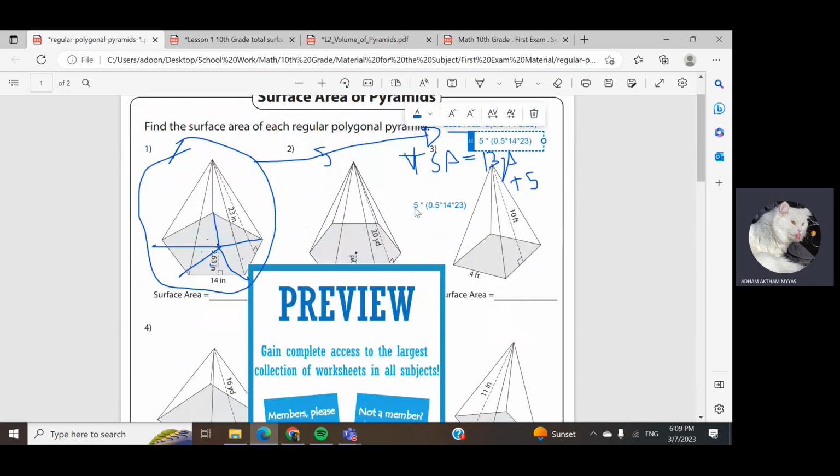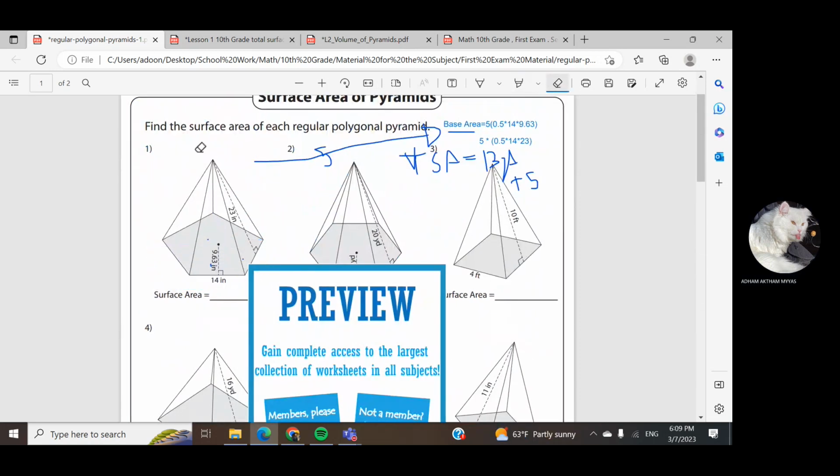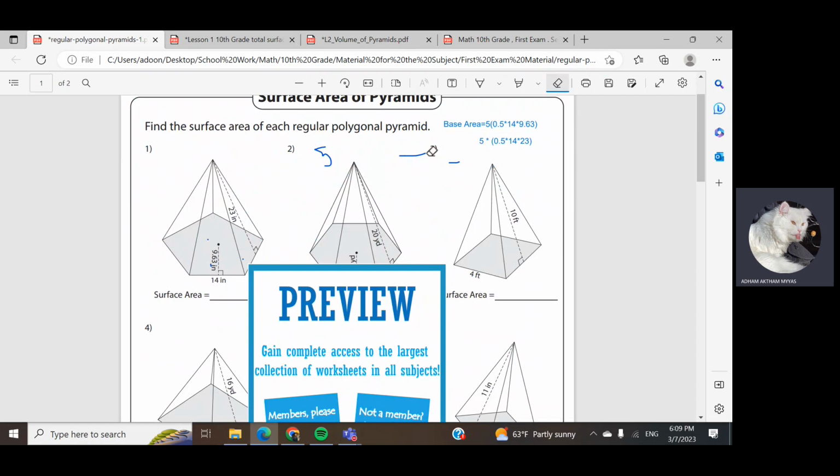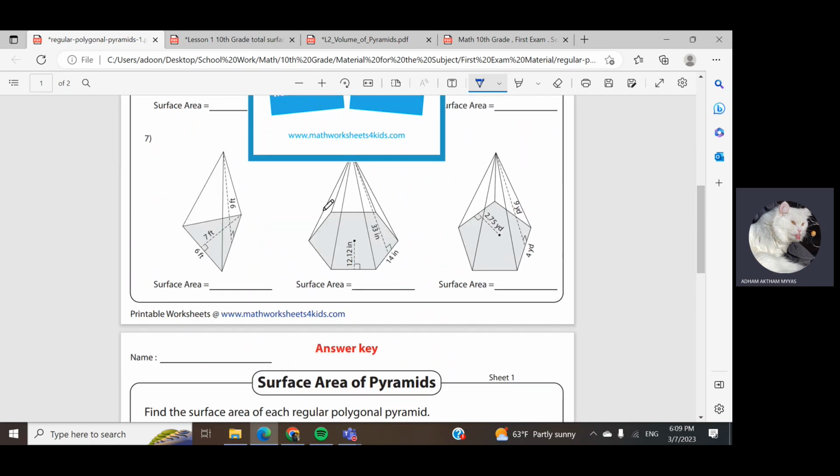If I want to calculate the volume in the exam, I have to give you the height if I ask you for the volume. What I should do after that is just 1/3 multiplied with the base area, multiplied after that with what? With just the height. That's the volume. And so on for all other examples.